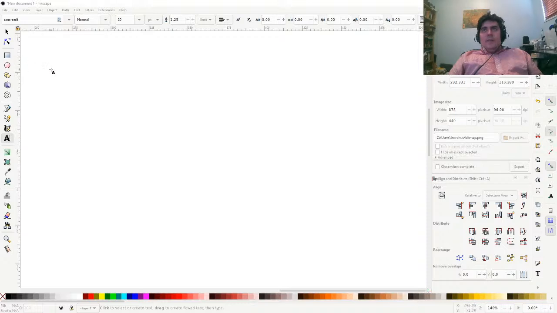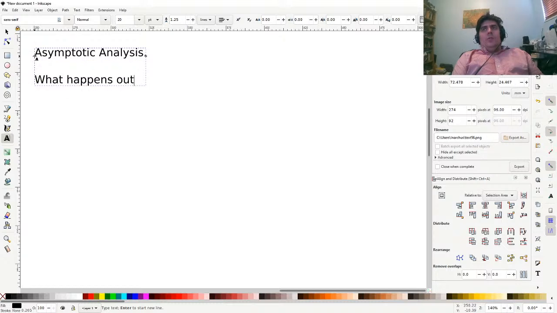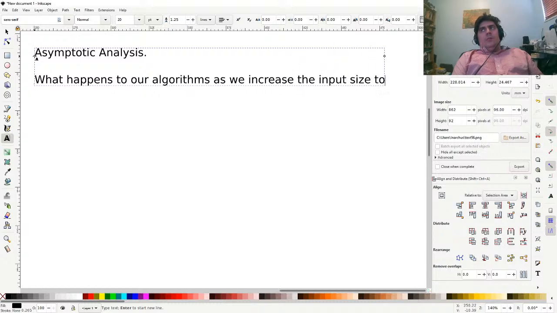Okay, so let's start with asymptotic analysis. Basically, the notion of asymptote in this case is asking what happens to our algorithms as we increase the input size to, say, n, which is going to infinity, right?